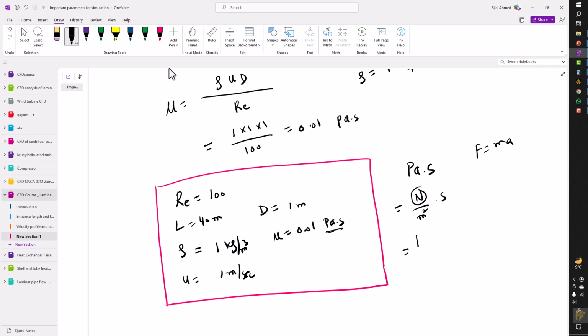So kilogram meter per second square, and into 1 upon meter square, into second. You can write down the second as s, it's easier to understand here. And one meter will be cancelled out from here as well. This is going to be kilogram per meter per second.